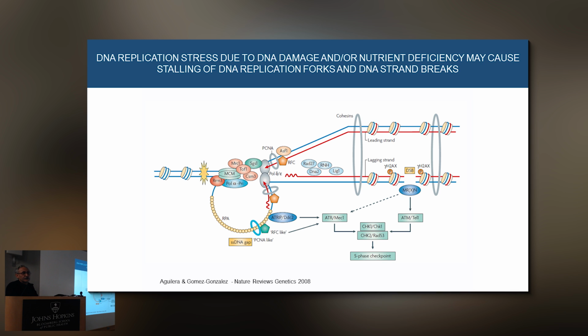There's some very nice work by Patrick Stover showing this happening in the case of the synthesis of thymidine. But if there are any adducts here, that's going to cause stalling, it's going to cause some breakage occurring as a result, and this will, of course, create havoc in the ability to properly replicate the DNA. So nutrition plays an important role here in supplying cofactors for DNA synthesis.